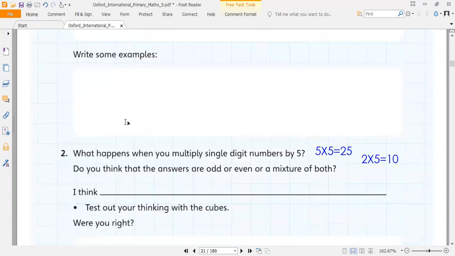So here we will write both, even and odd.